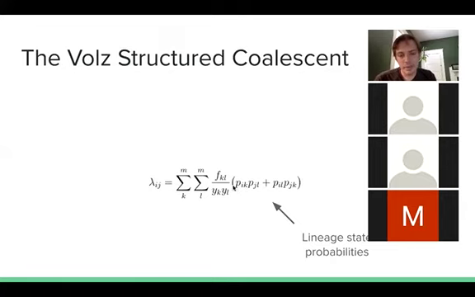In the term in parentheses here, the first term gives the probability that lineage i is in population K, and lineage j is in population L. But we also have to consider the inverse situation where lineage i is in population L and lineage j is in population K, because those represent all the different ways that these two lineages could coalesce at a particular birth or transmission event between populations K and L. And then to summarize, we sum over all possible pairs of populations K and L to get our overall coalescent rate.